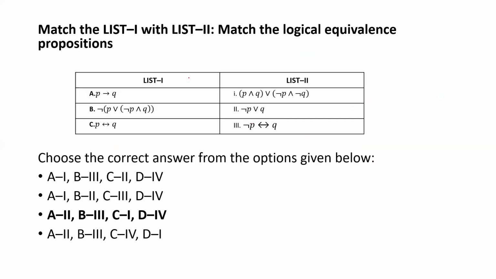Next, you can see match list 1 and list 2. First we have seen about the propositions and the connectivities, and the same concept they have given here. So here we need to find the PQ values. This is what we have seen: connectives AND operation, OR operation, NOT operation, as well as implication, the if-then operator, and the bidirectional operation also.